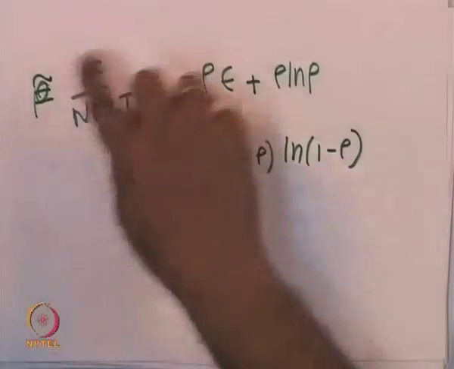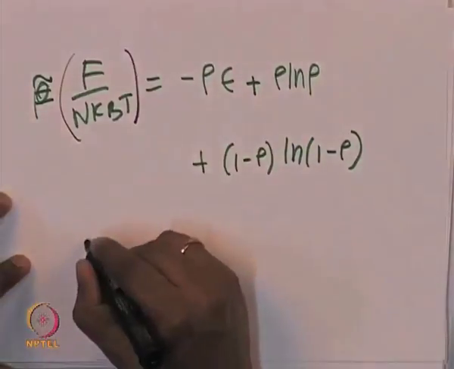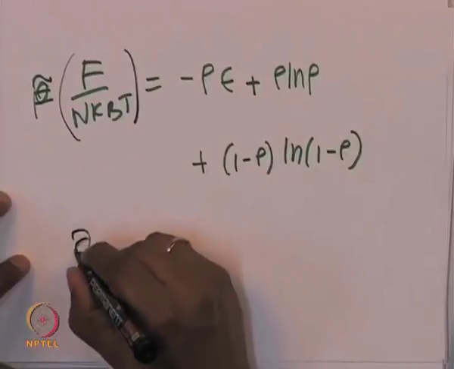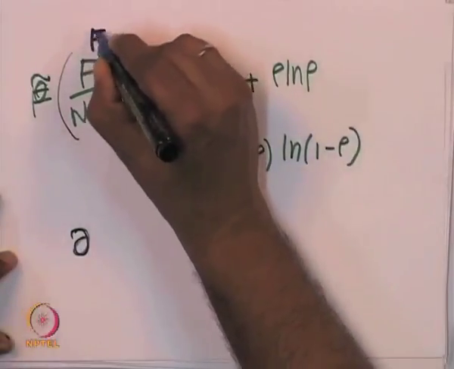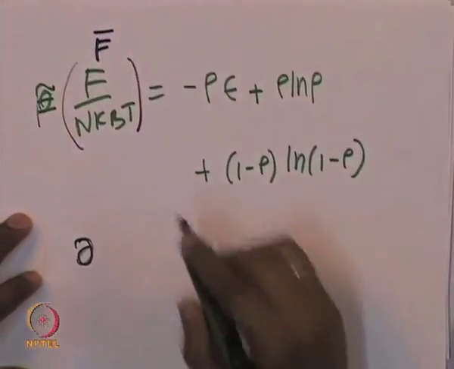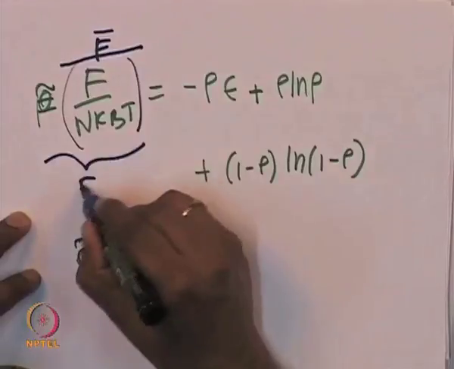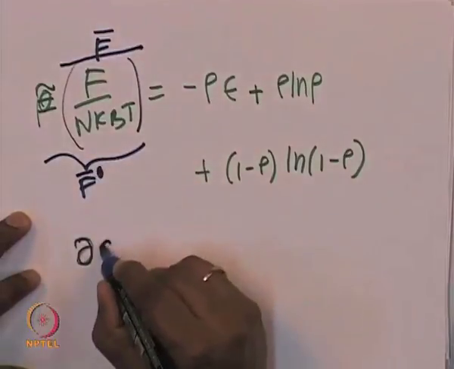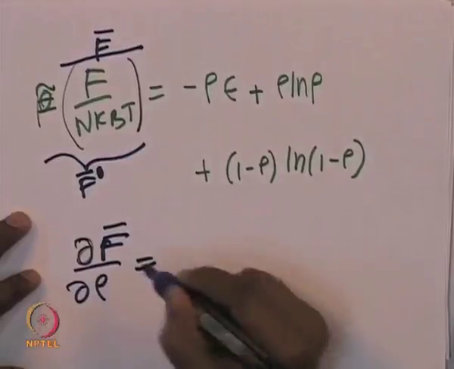So, this is a new f. Now, if we want to calculate the minimum of this, we have to find the derivative of this. Let me call this whole quantity f bar. I want to find del f bar by del rho.